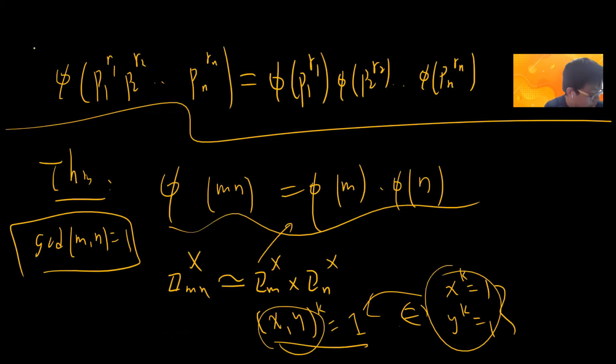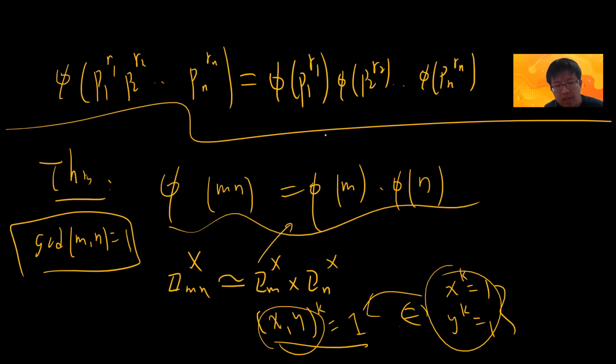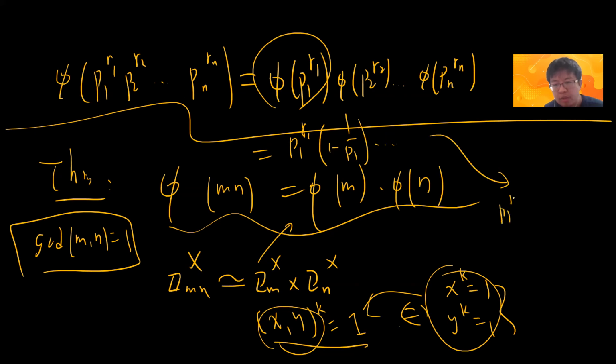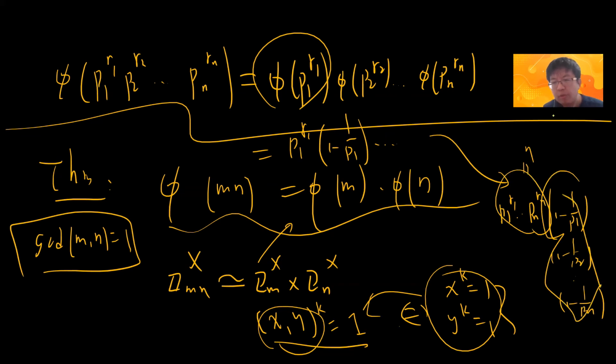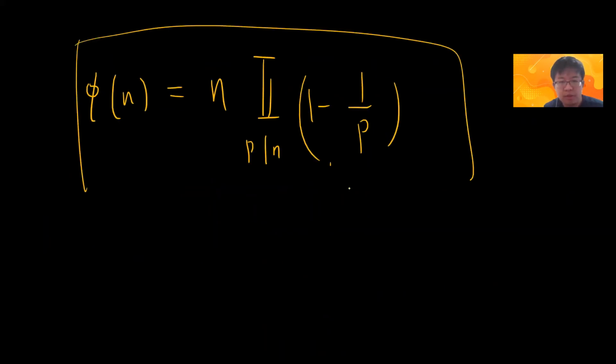So finally you will arrive at the famous result that phi(n) can be written as n times the product over primes p dividing n of (1 minus 1 over p). For the proof, we write these factors as p1^r1 times (1 minus 1 over p1), and so finally you get p1^r1 ... pn^rn times (1 minus 1 over p1)(1 minus 1 over p2)...(1 minus 1 over pn), and this is n times the product of (1 minus 1 over p). Okay, so this is the final result.